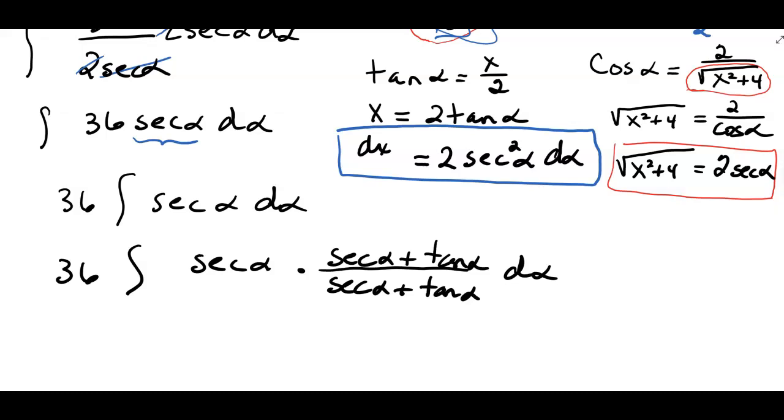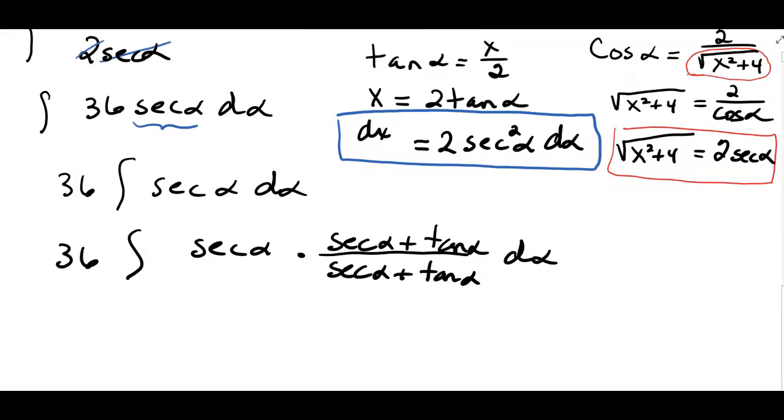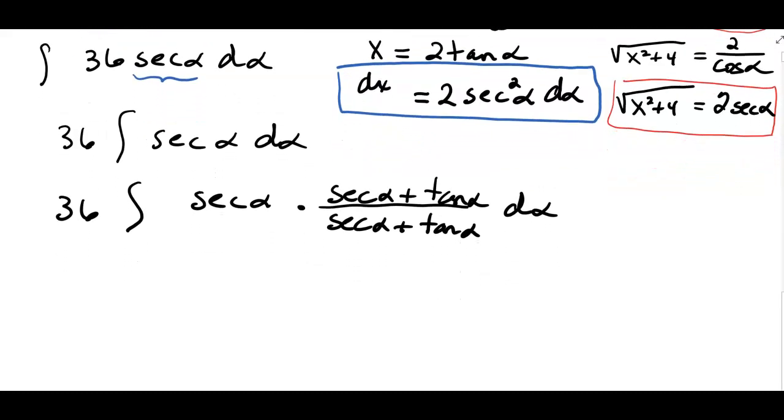What that gave us was a way to use our u-sub process. And the reason we do that is it gives us a secant squared and a secant alpha, because by multiplying it out, we get secant squared alpha plus secant alpha tan alpha.